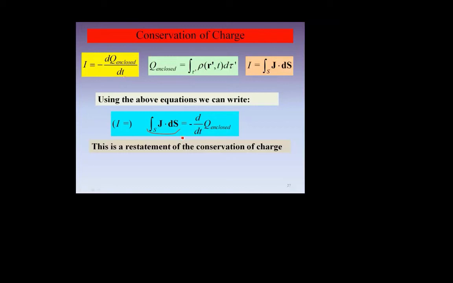And this is really a restatement of the conservation of charge in an equation that relates the interesting parameters of the system. This leads to what's called the continuity equation. So we have the same equation that we just showed. This is the current density relating to the current leaving the surface through the surface S, and this relates the charge inside in terms of the rate of change.